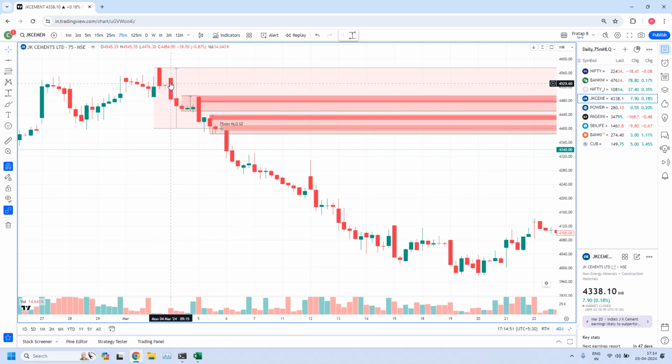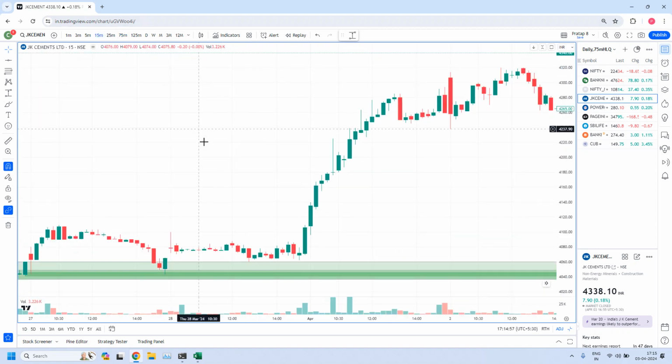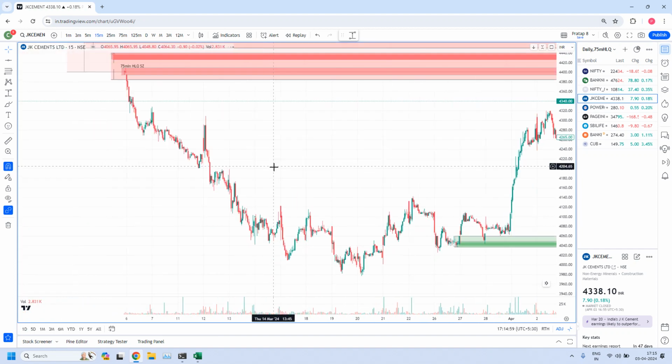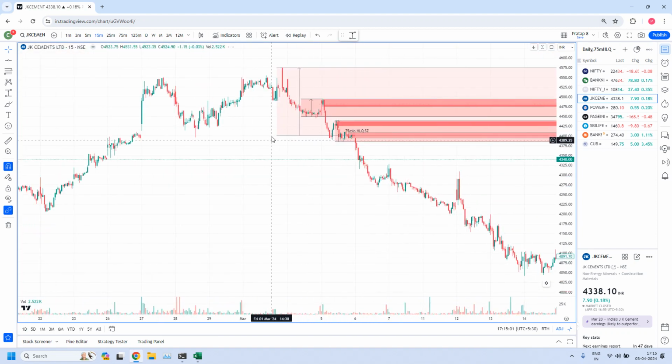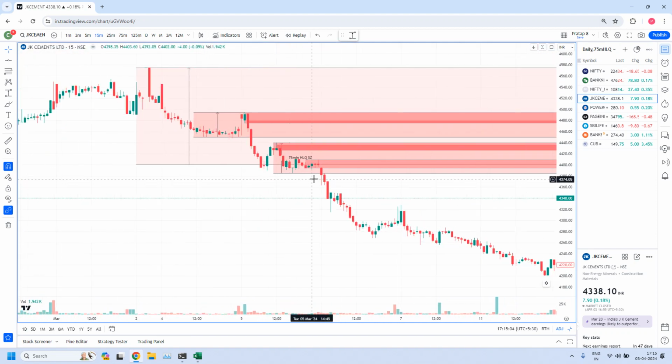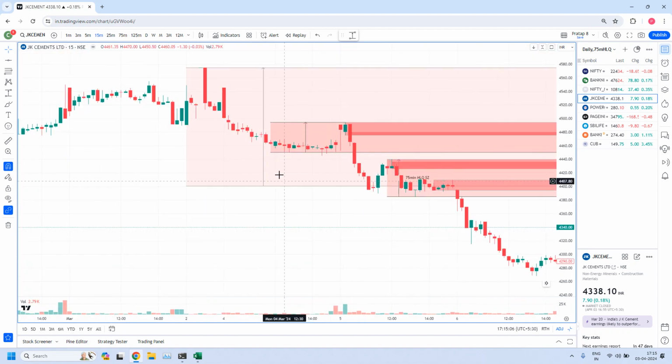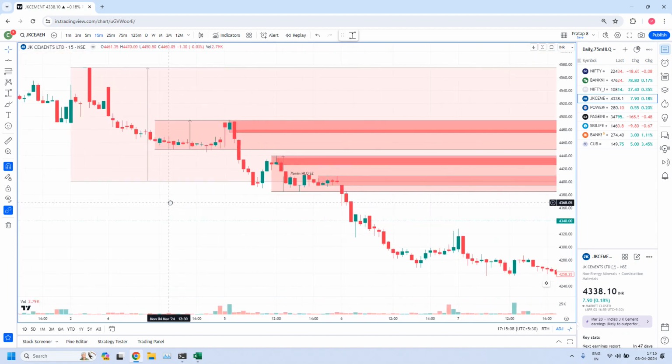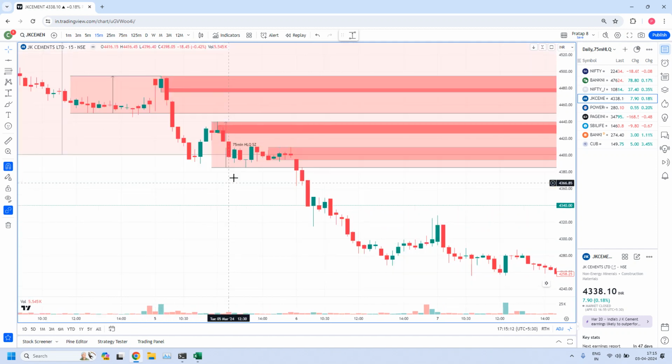Even the next 15-minute structure is also not good here. 15 minutes or 5 minutes, one of those structures. And one worrying factor in this area is this price action.